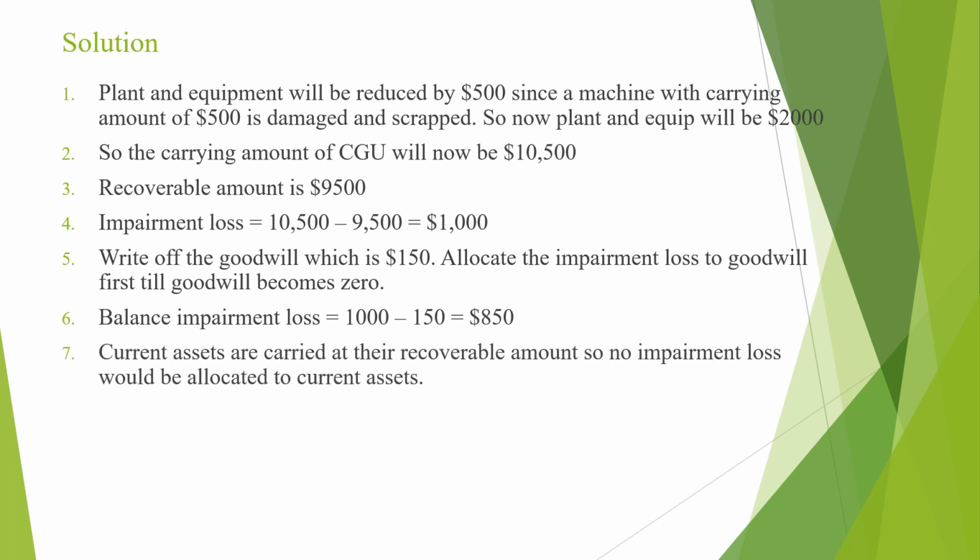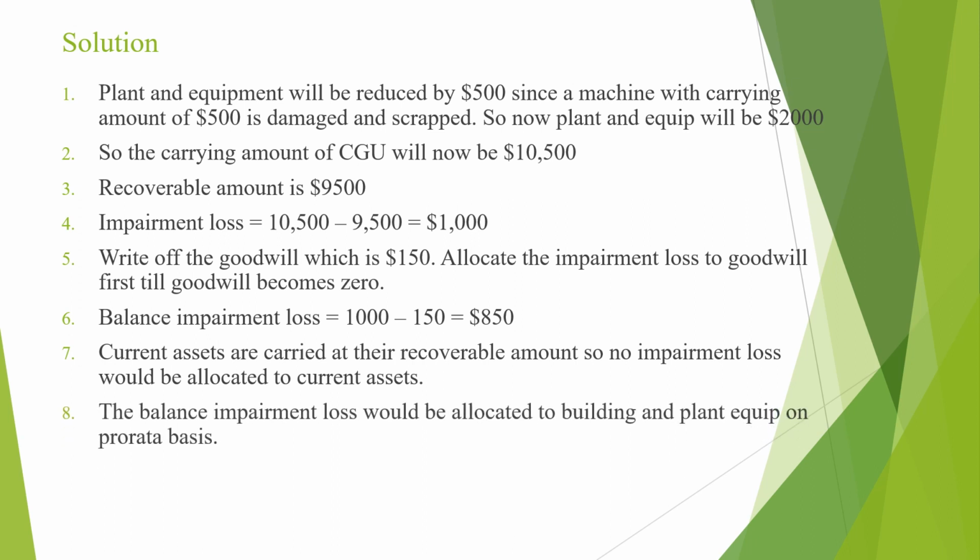As I said, current assets are carried at recoverable amount. So no impairment loss would be allocated to the current assets. So the only two assets against which you have to allocate this loss of 850 are building and plant and equipment. So the balance impairment loss would be allocated to building and plant and equipment on a pro rata basis.